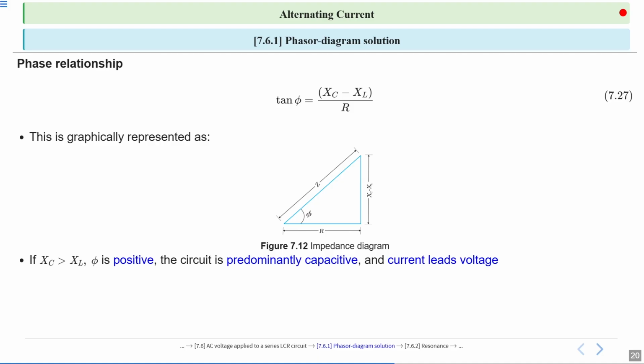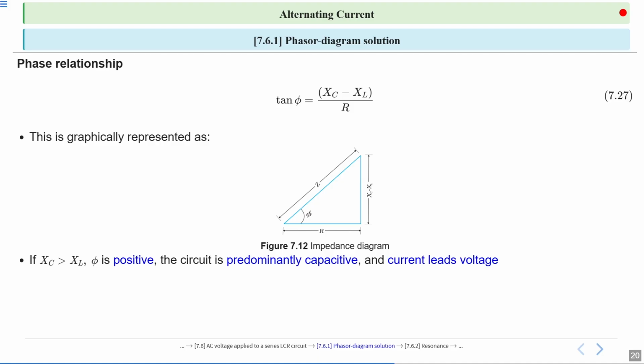If Xc is greater than XL, then phi is positive. If Xc is less than XL, this difference will be negative, so this perpendicular will be in the downward direction, and phi will be calculated as negative. So the phase difference will be negative.